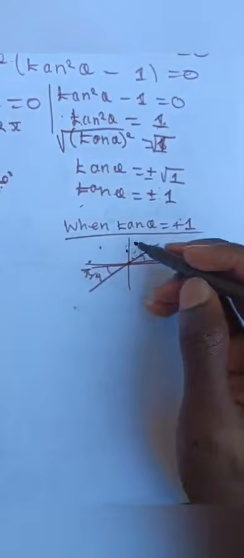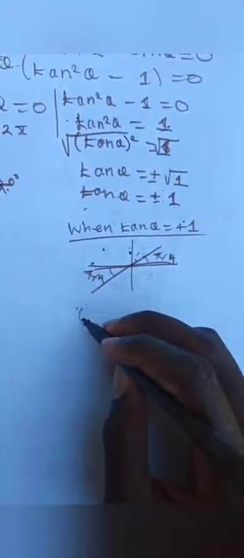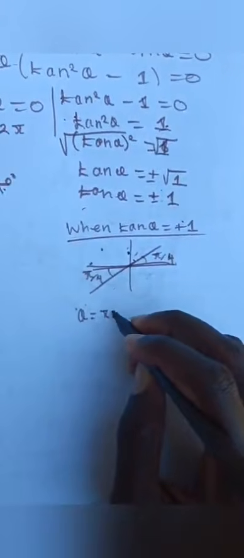So the possible values are these. The first possible value is pi over 4.